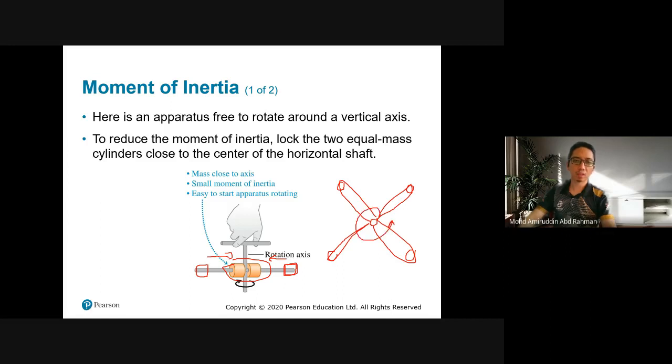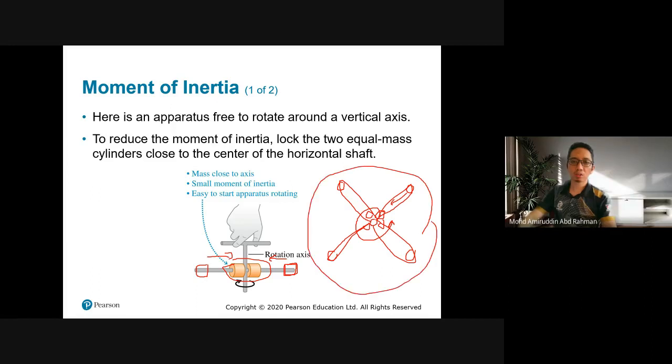But if you move this object to the center of the rotation, of course you feel it easier to move. That's why you have the big bulky thing on the stand fan.